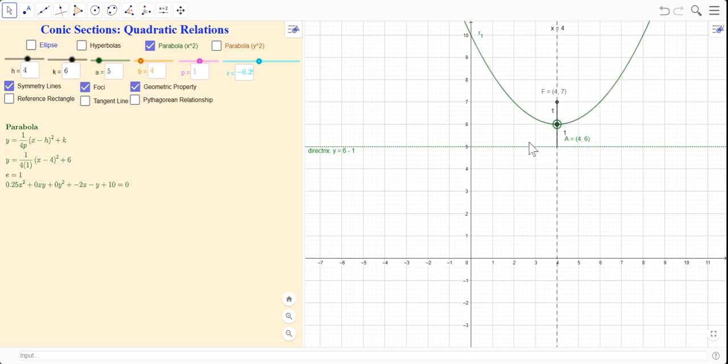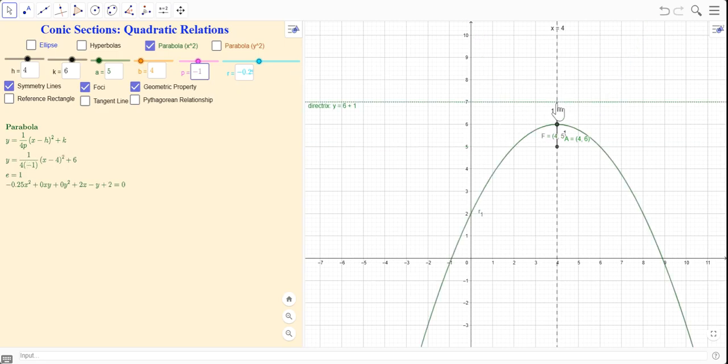In this case, it's 1. We're going to call that distance p, and we're going to give it a sign. p is positive if it's going up, and negative if it's going down. So if it was -1, it's going to be going down from there. So going down for the focus and up for the directrix.